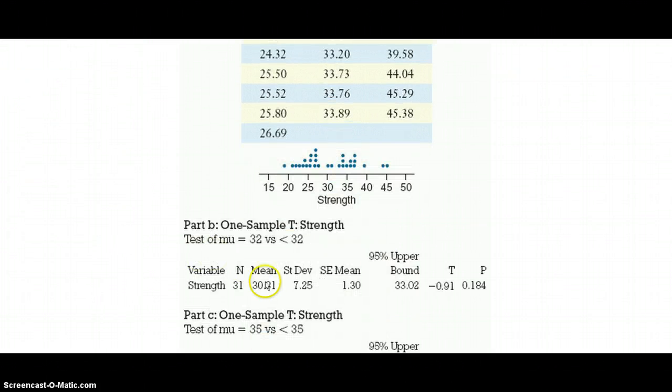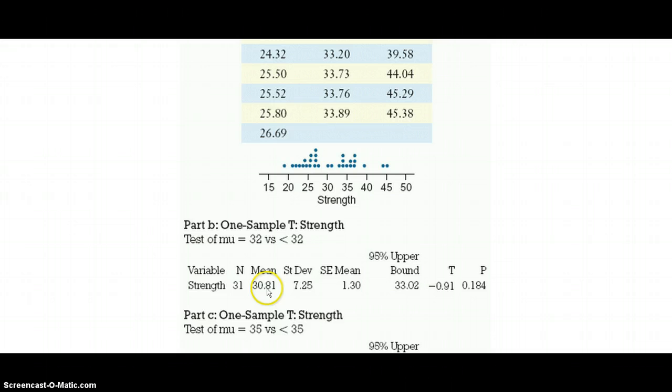Okay, so notice with our mean of 30.81, even though we were below the industry standard, because there was this room for error, basically, because we're taking a sample, not looking at the entire population, we still didn't have reason to conclude that the population mean was not 32.